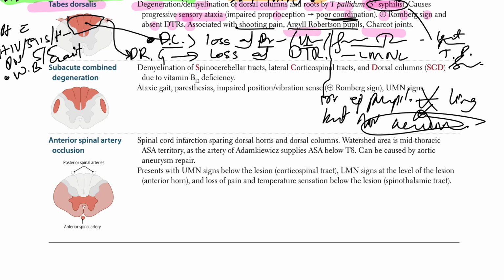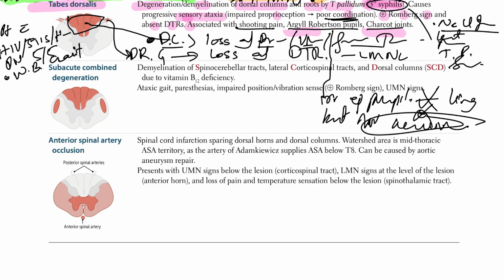Accommodation is normal. Okay, that's Argyll Robertson pupil, meaning constriction of the pupil. They are already small pupils that will not constrict more to the light. On top of that, you will also have neurogenic urinary incontinence, Charcot joints, and neurogenic urinary incontinence will also be seen with tabes dorsalis.